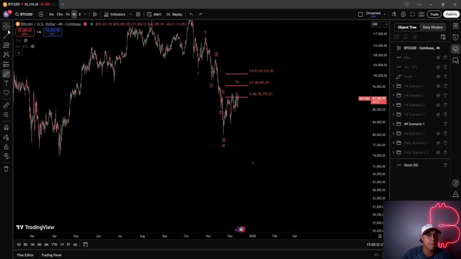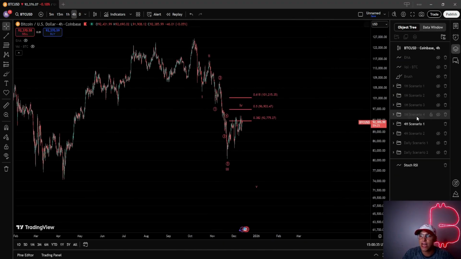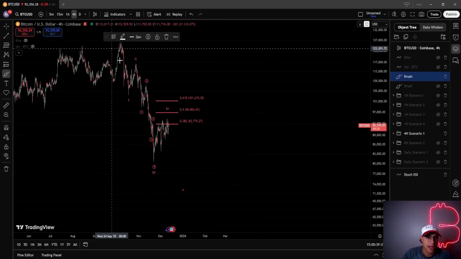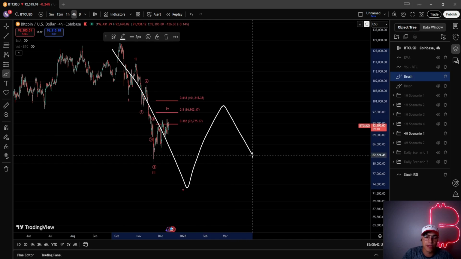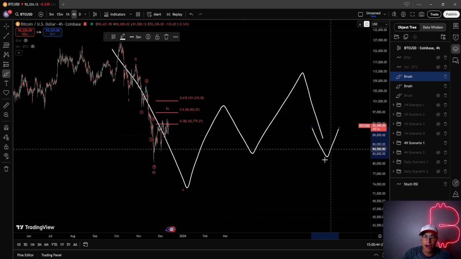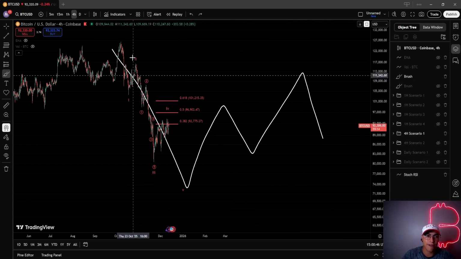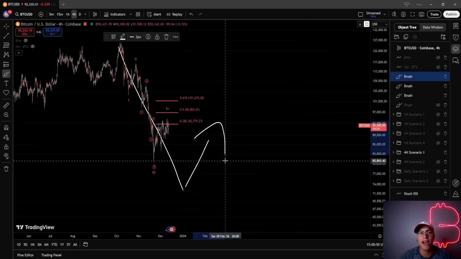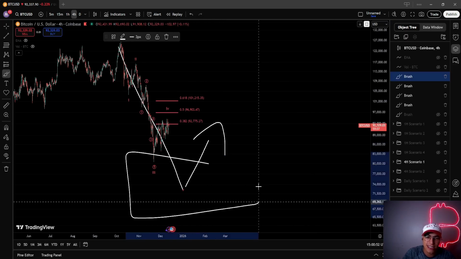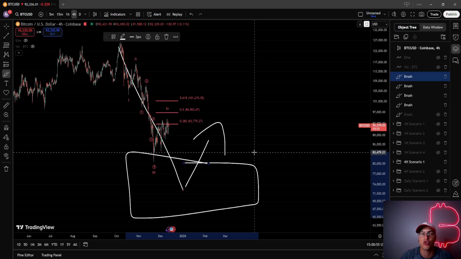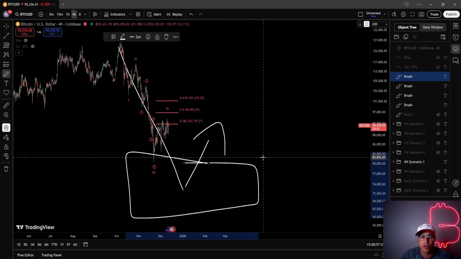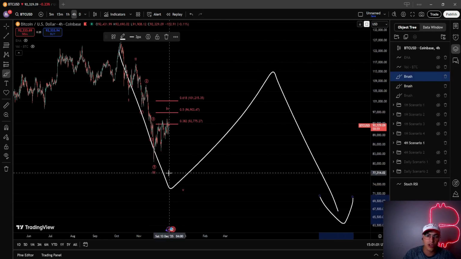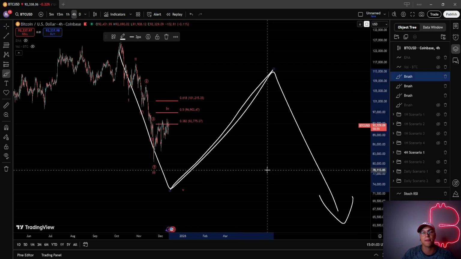So that is not a bad way to invest currently, because we can see here that we either have a wave A down, wave B, and then lower for wave C, or we have the C finished, and now we are looking for way higher prices. So this area here is always a good chance to invest in Bitcoin, right? Regardless of if we are going lower in the long term, we still get this massive move up, right?